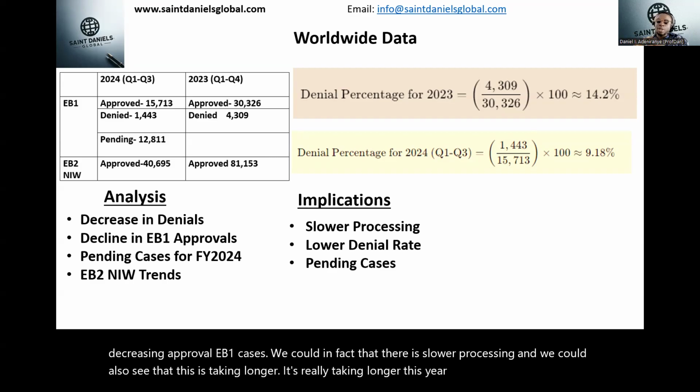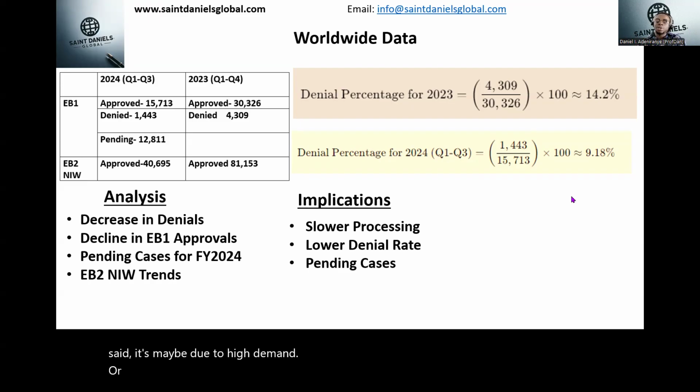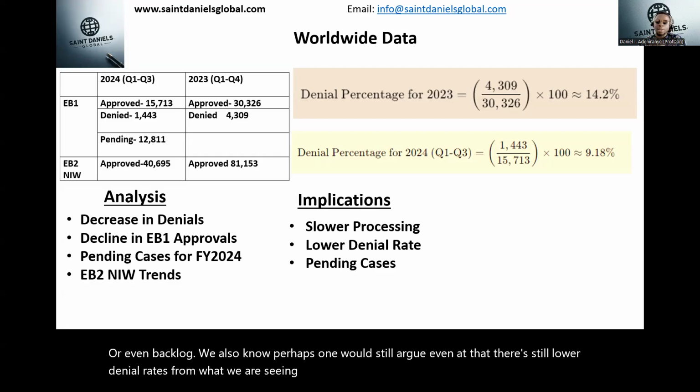And of course, as it's been said, it's maybe due to high demand or even backlog. One would still argue that even at that, there are still lower denial rates from what we are seeing so far. And of course, the pending cases also mean a lot.